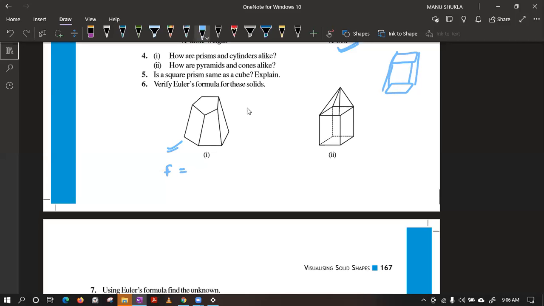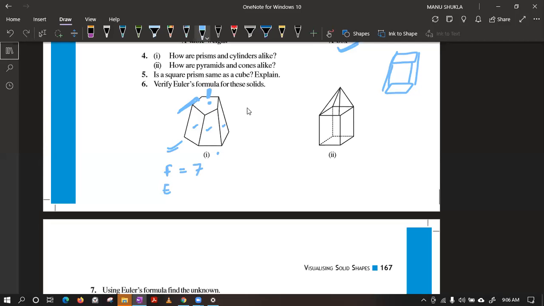You have to consider the back also. The back is not visible over here, but you need to consider that also. There are 7 faces: one top, one bottom, then we have 3, 4, 5, 6 at this end and 7 at this end. So there are 7 faces.